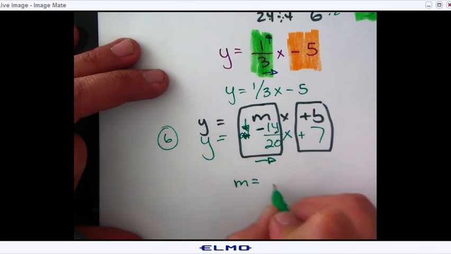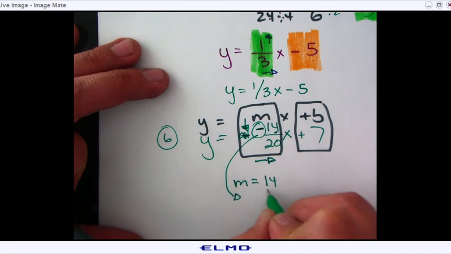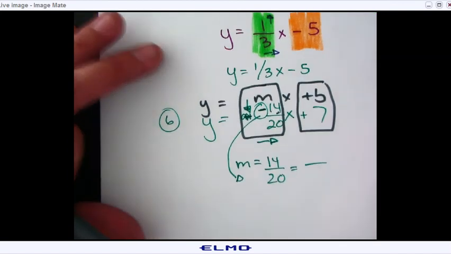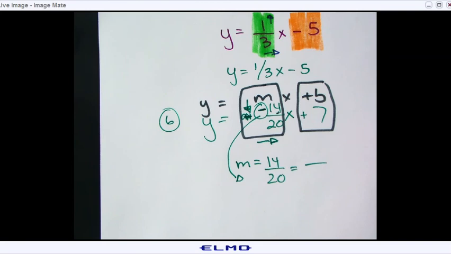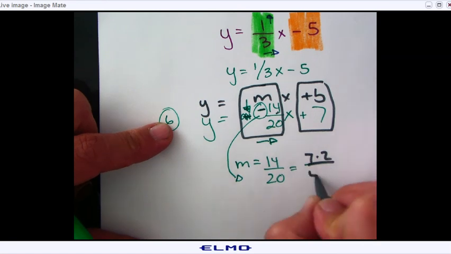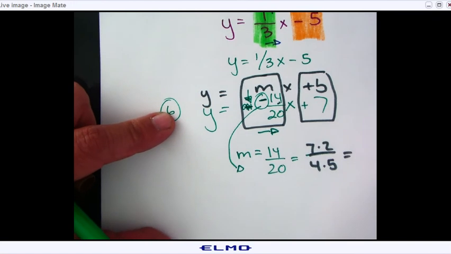So m equals 14. Remember, it's a negative, so I'm going to put an arrow so I won't forget. So I'm going to go ahead and do the multiplication. Well, I know 14 is 7 times 2. I know for sure. And I know 20 is 4 times 5. But there's no giant 1.